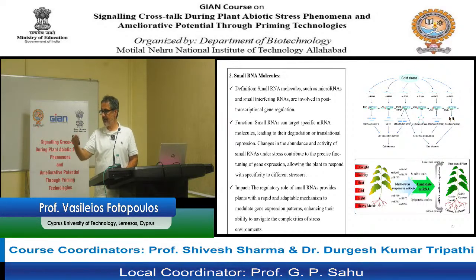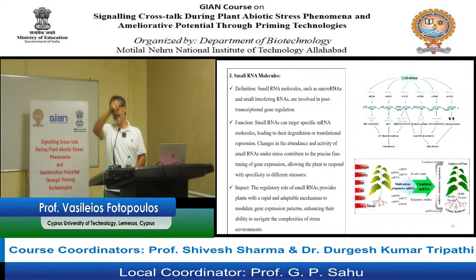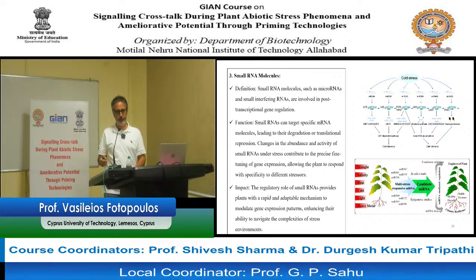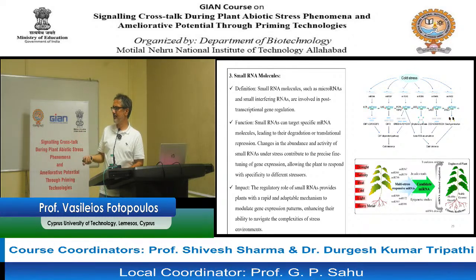Exactly. So this will stop the translation of this transcript, and the short pieces that occur will go back to restart the cycle. Okay? So the regulatory role of small RNAs provides plants with a rapid and adaptable mechanism to modulate gene expression patterns, thus enhancing their ability to navigate the complexities of stress environments.